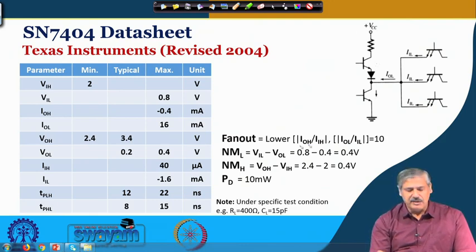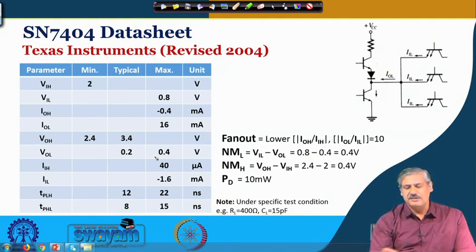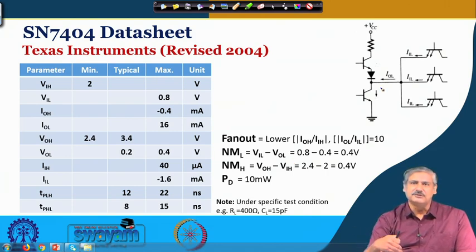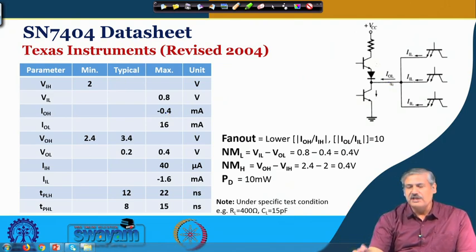So, the IOL, now when you talk about the sign of the current, any current that is going into is considered positive and going out of is considered as negative. So, IOH is the current that you can see, which is considered positive. So, let us start with IOL only, because in this example IOL is there.